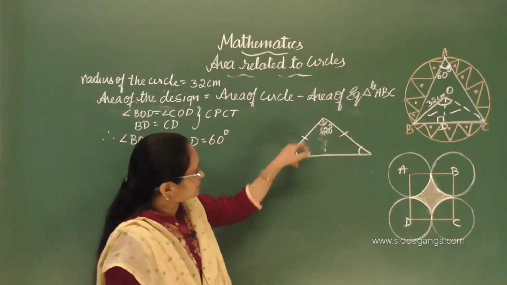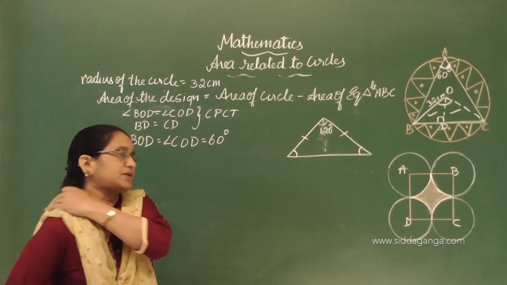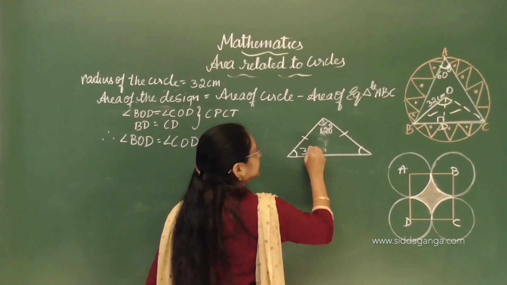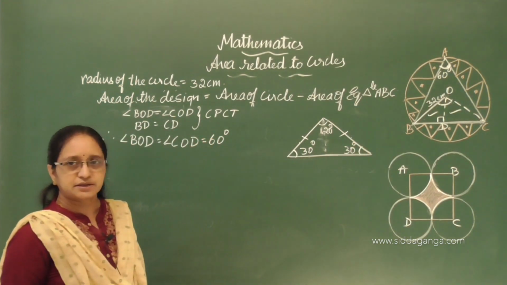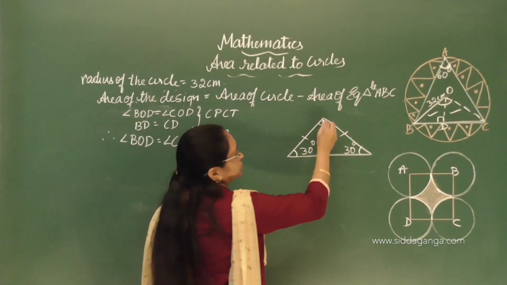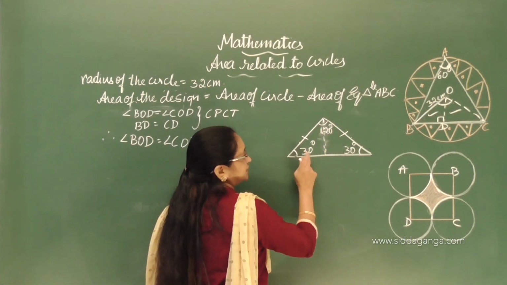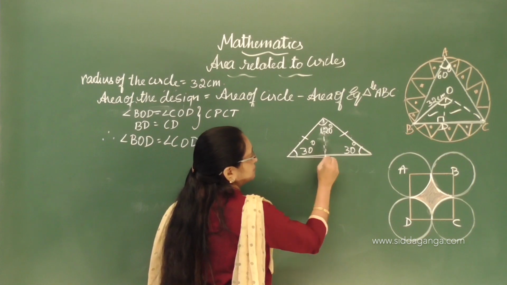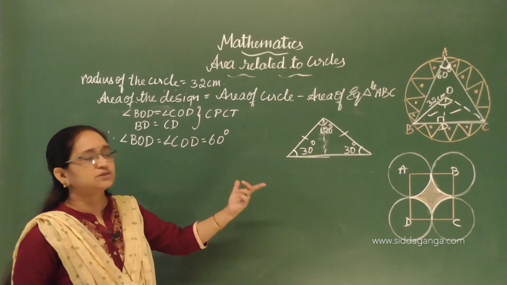Then the sum of the angles is 180, so 60 degree, so I can take this as 30, 30. Now if you draw by using this 30 degree also, I can find out this part. That is also fine.